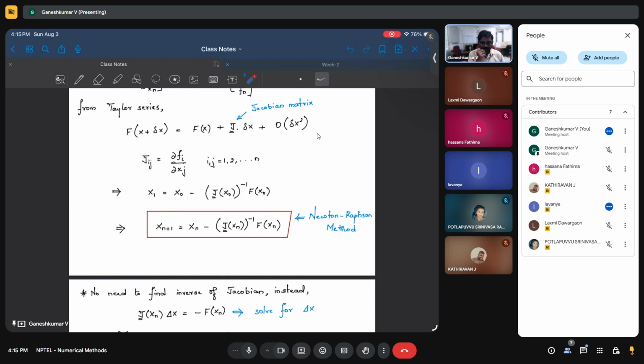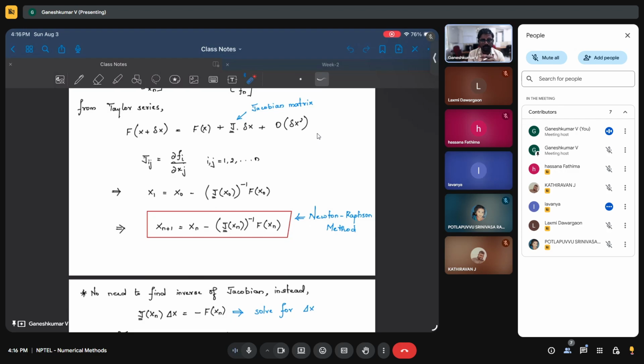Your equations of motion will be in 3 dimensions and also will have 3 rotations, so you have 6 degrees of freedom. So you will have 6 equations of motion, and all these equations of motion will have nonlinearity in them. It will not be linear. Hence you cannot solve it using Ax equal to b. You have to use the Newton-Raphson method. So that is the thing.